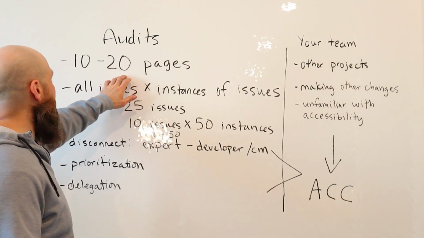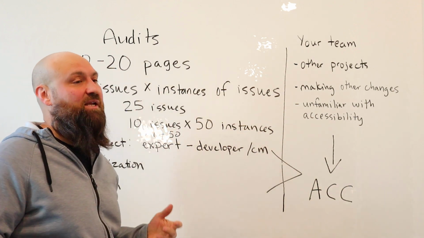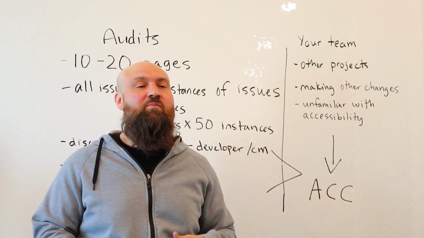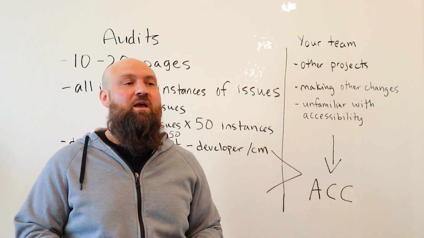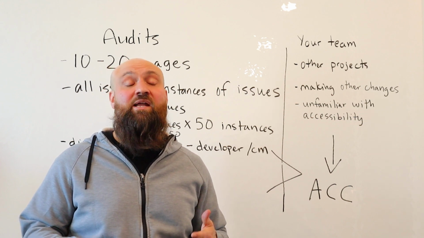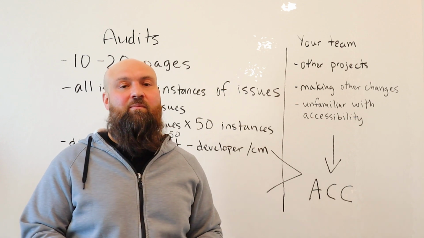So an audit typically consists of 10 to 20 pages of your website, and these pages are usually going to be the primary user flow, the most trafficked website pages, and/or the primary page layouts for the website. So let's take the example of an e-commerce website.